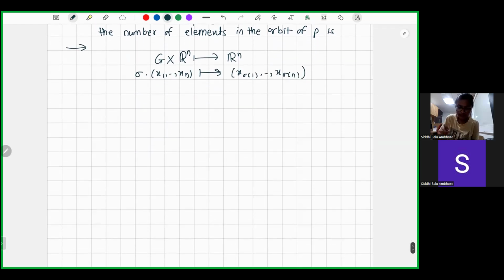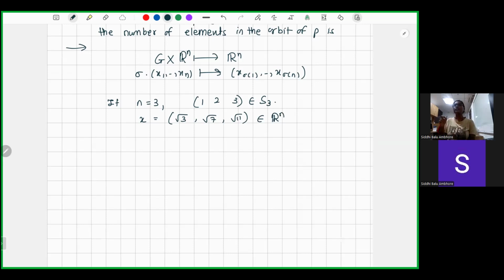Just for understanding, if n is 3, let 1 going to 2 going to 3 be in S3, and let x be, say, root 3, root 7, root 11, it doesn't matter, I can take any tuple in R3. How does sigma act on this? It is going to x sigma 1.